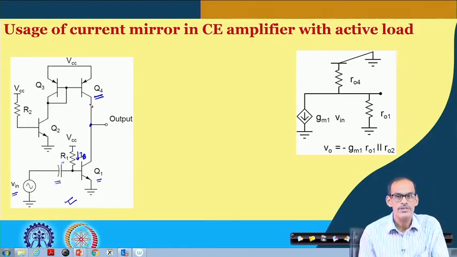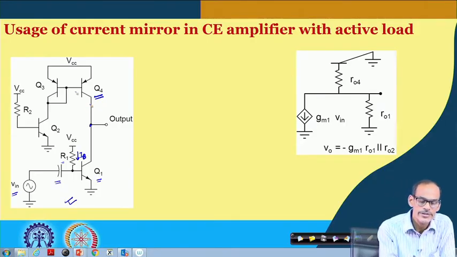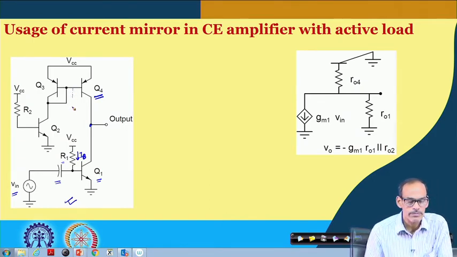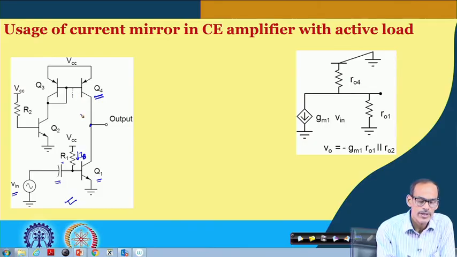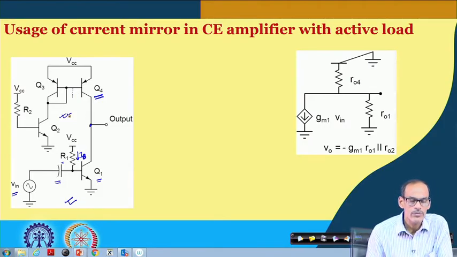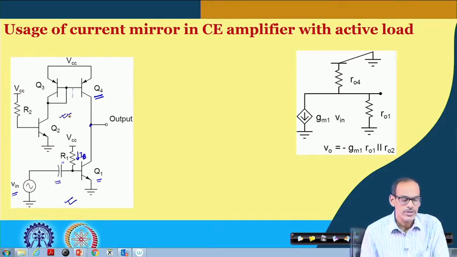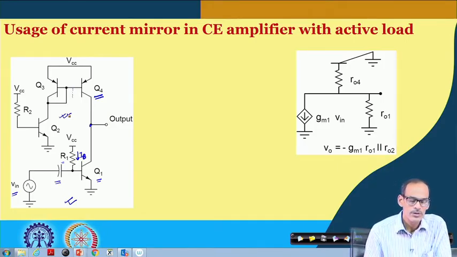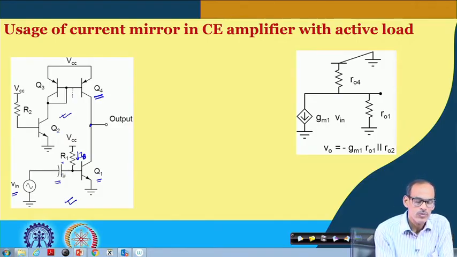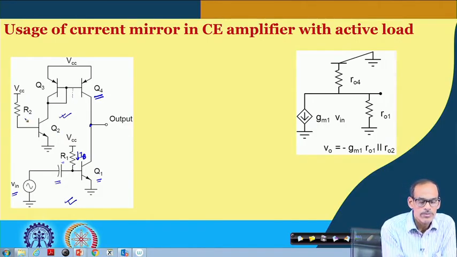In fact, we have discussed the active load circuit considering an independent bias here, but instead of having a separate bias, this may be better, particularly if we have two NPN transistors that are identical. What we can do is place R2 here, which is equal to R1.